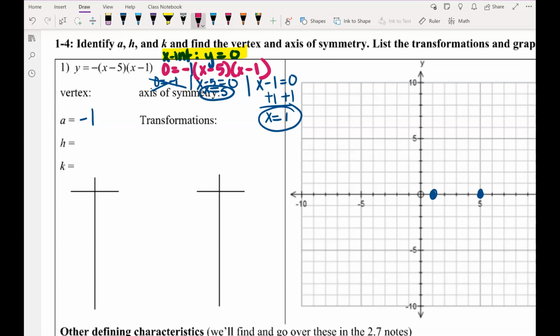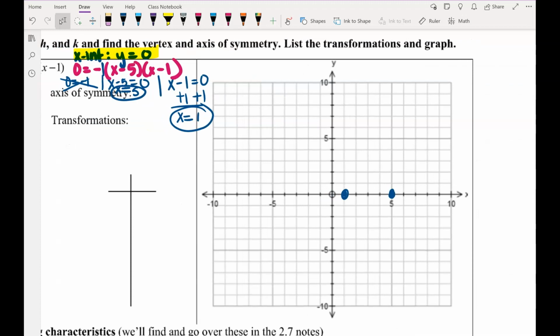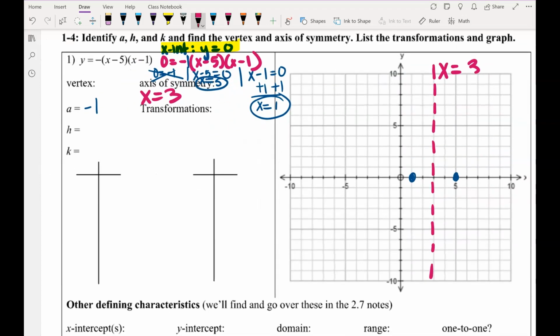Right in the middle, right, Cam? It's right smack center. Count the boxes for me. Is this smack center? Yes or no? That is the axis of symmetry, at x equals what? 3. We have the axis of symmetry. Look at that. If we have the axis of symmetry, students, what is the h value?